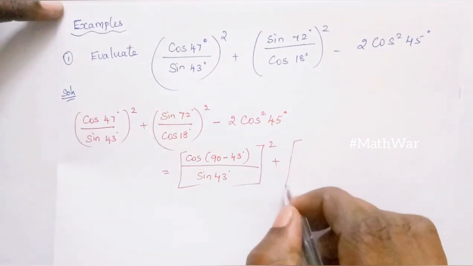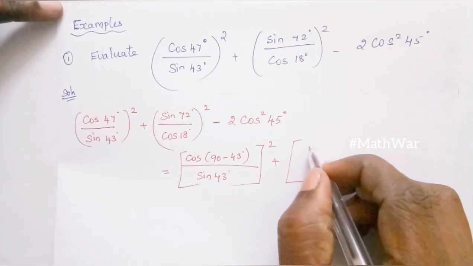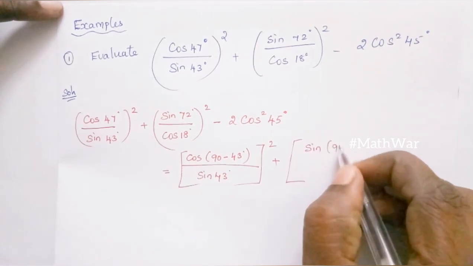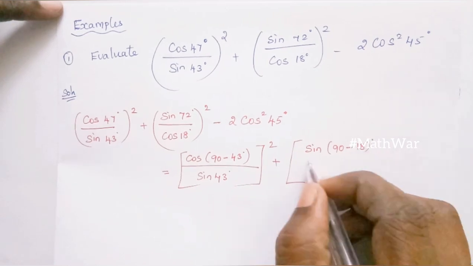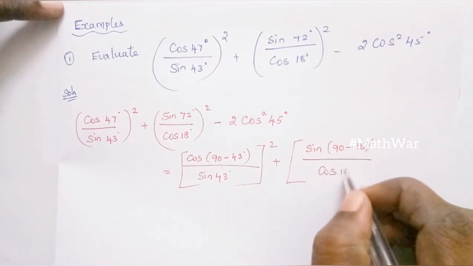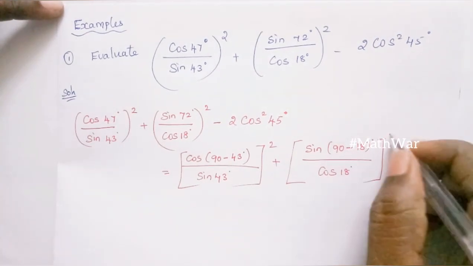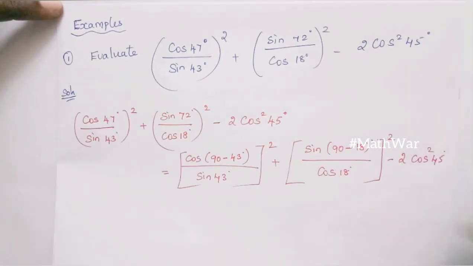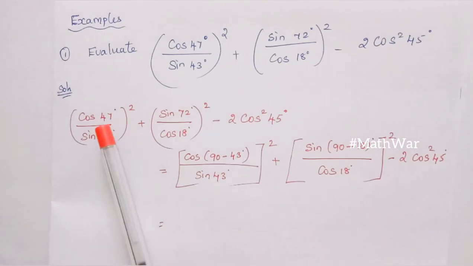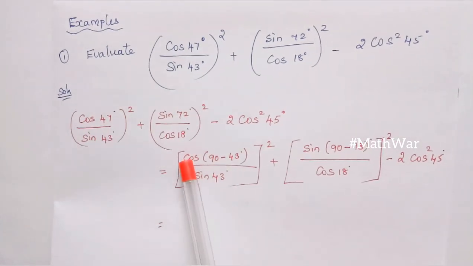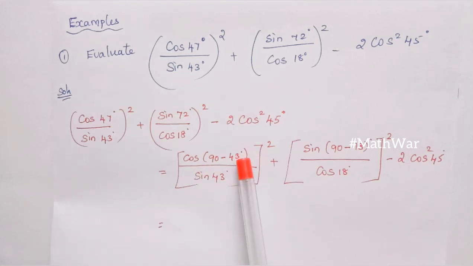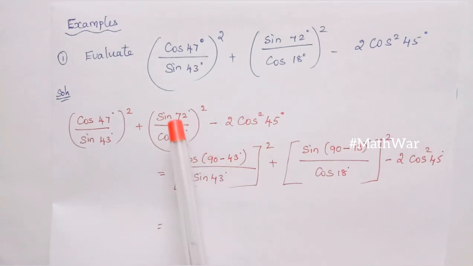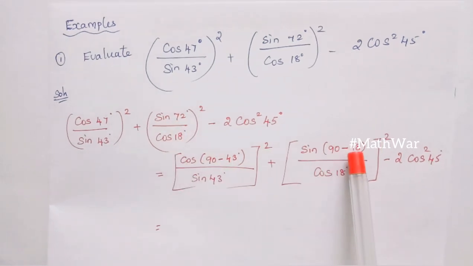Plus sin 72 degree can be written as sin of 90 minus 18 degree, by cos 18 degree, whole square, minus 2 cos square 45 degree. That's all. So cos 47 degree I wrote as cos of 90 minus 43 degree, and 72 can be written as 90 minus 18.